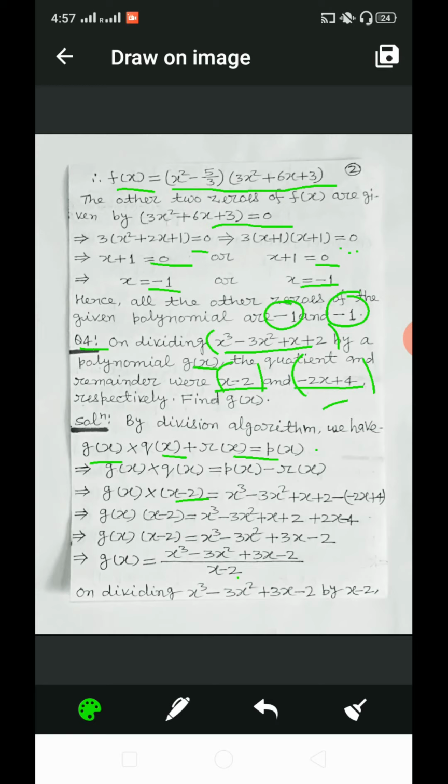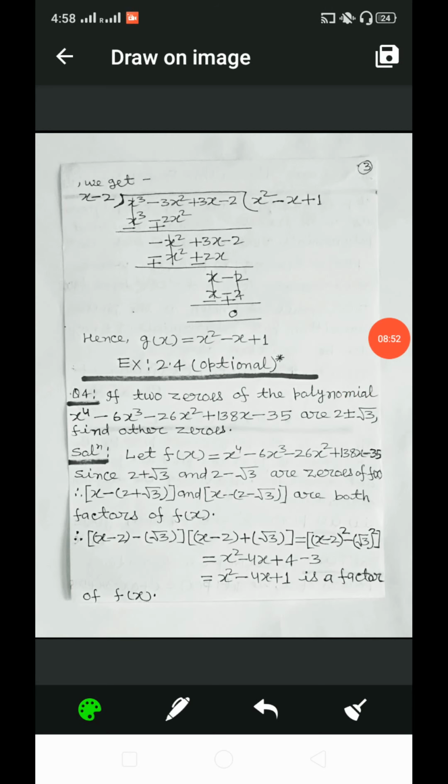On dividing x cube minus 3x square plus 3x minus 2 by x minus 2, we get x cube minus 3x square plus 3x minus 2 divided by x minus 2.